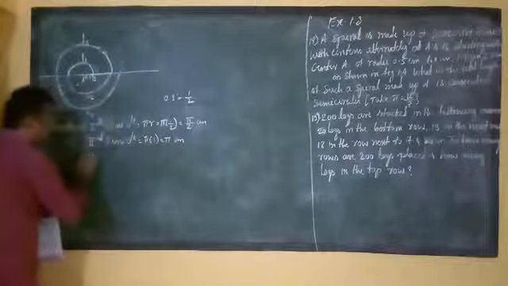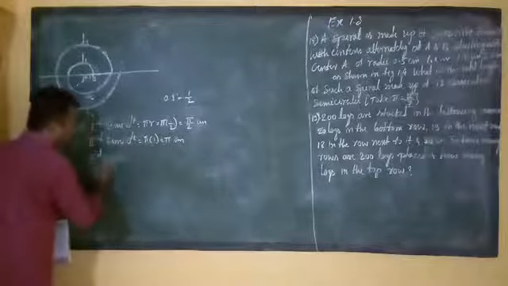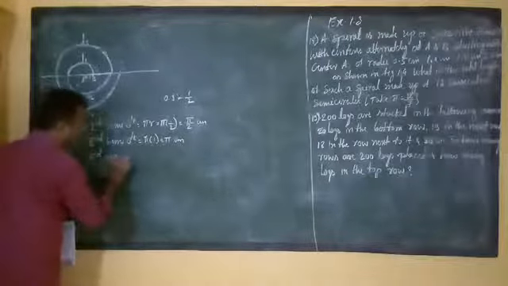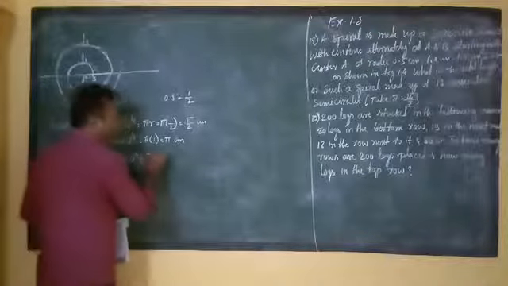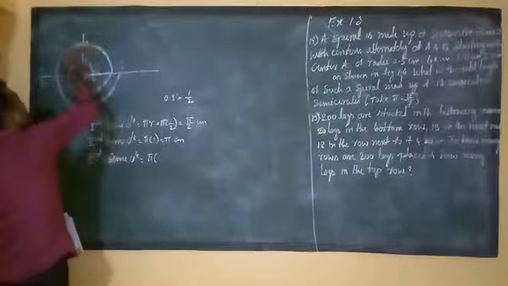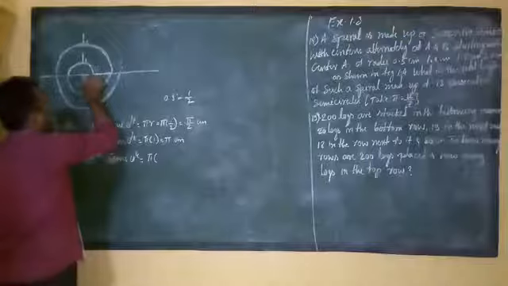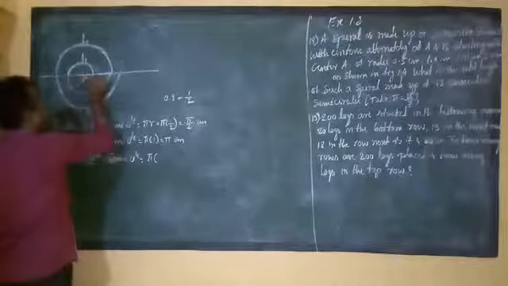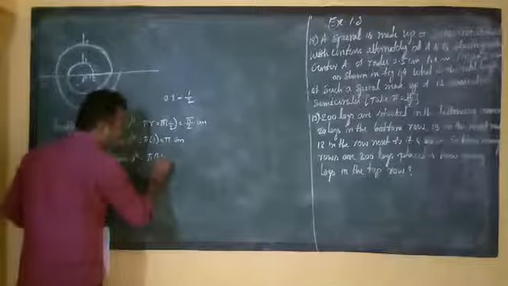Like that, the third semicircle. So the length of the third semicircle is equal to pi into what? 1.5. This is the third length, correct? This is 0.5 and this is 0.5, it is 1, and this is 1.5, so totally 1.5.